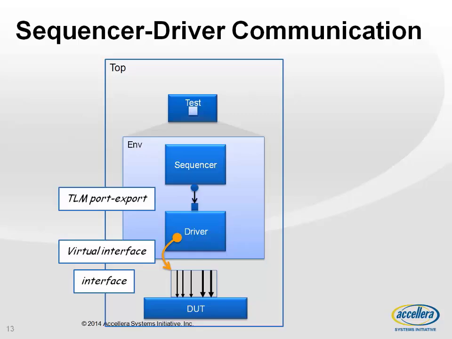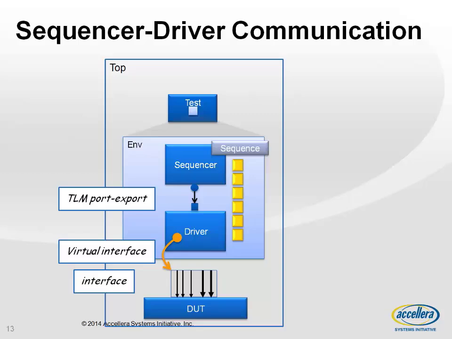We then connect the sequencer to the driver, using a TLM connection, a transaction level modeling connection. We actually connect a port on the driver to an export on the sequencer. We won't worry about any more than that, except to say that the driver is going to pull down transactions from the sequencer.